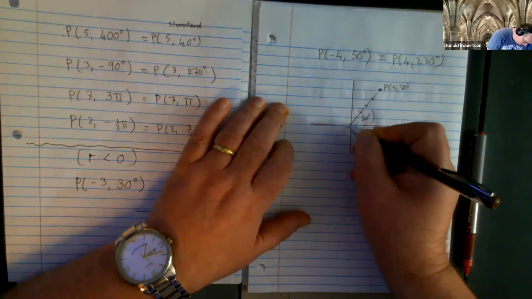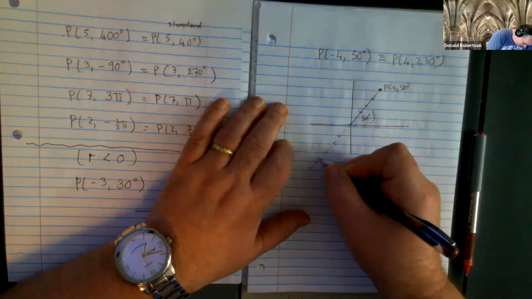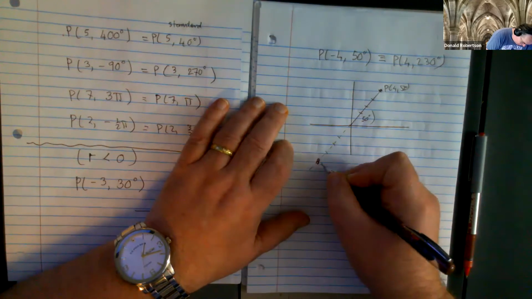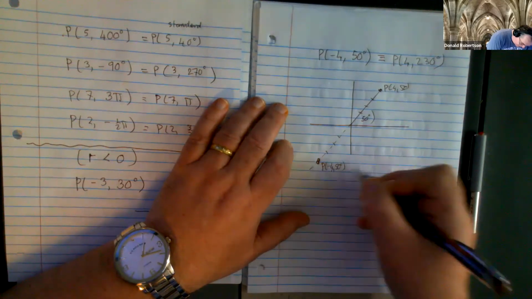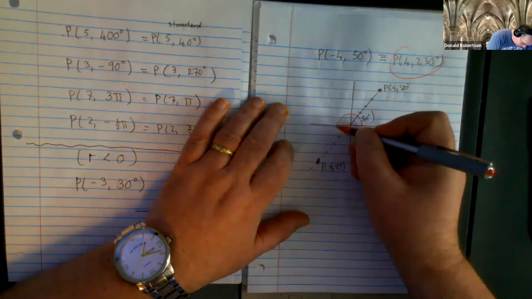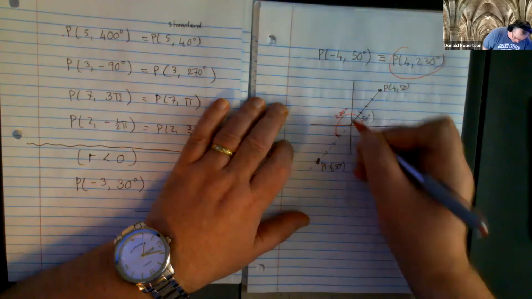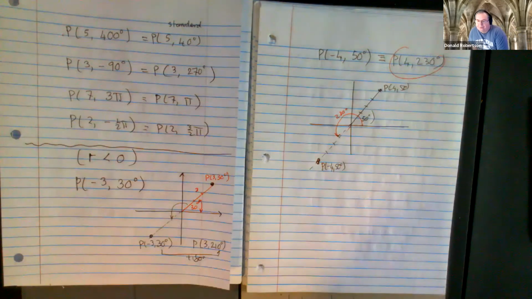If you then went the opposite direction through the origin, 1, 2, 3, 4, to here, this is the location of negative 4, 50. And I'm just saying that that guy does the exact same job. Isn't that angle 230 degrees? And now you can go a distance of 4.